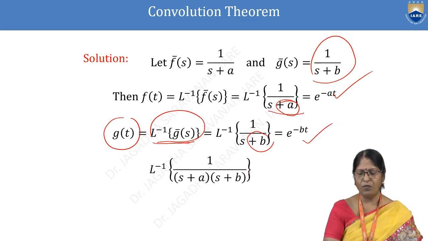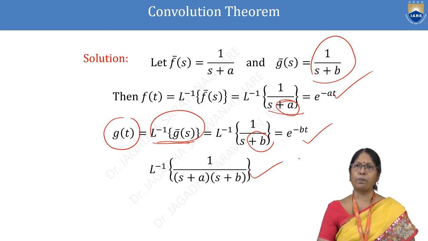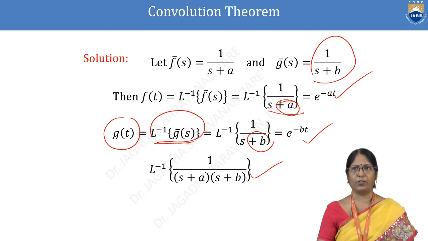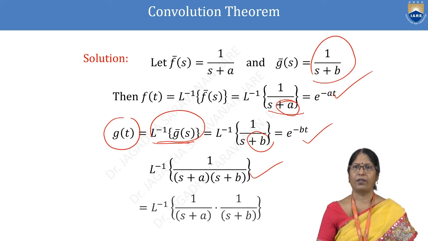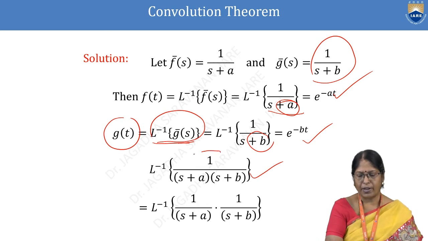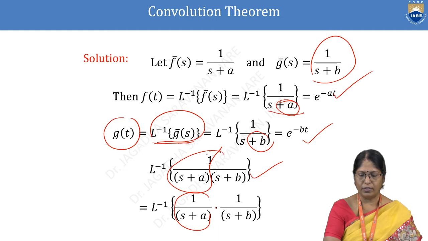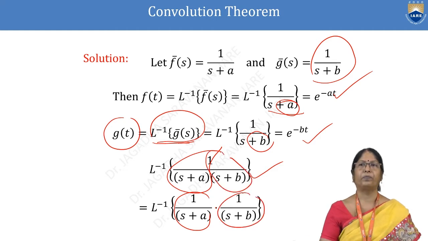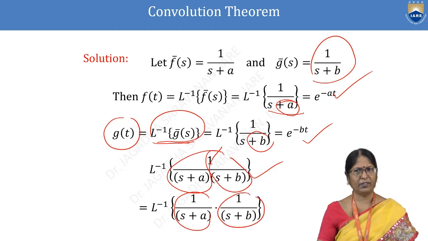Now, L inverse of 1 by s plus a into s plus b is only our given question. To apply it, we have taken these parts, and mathematically it is correct.